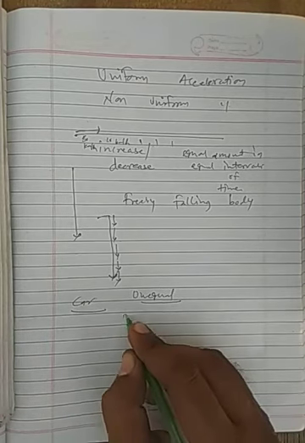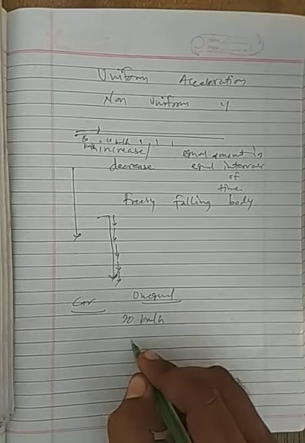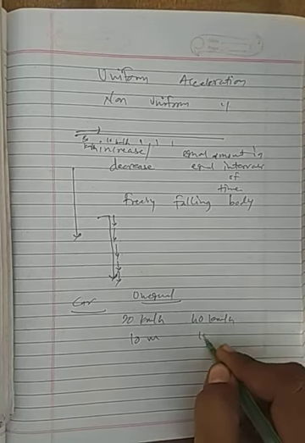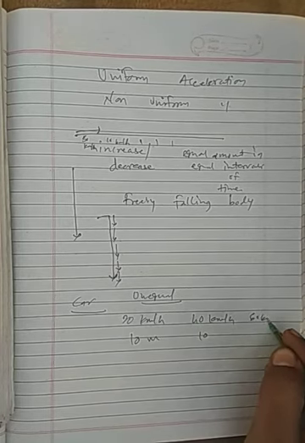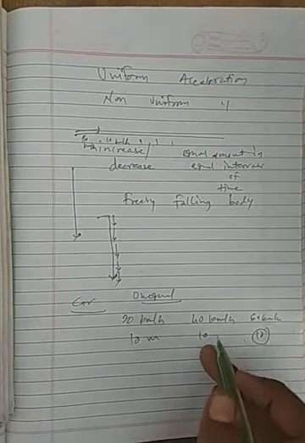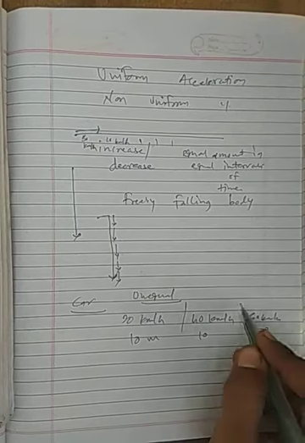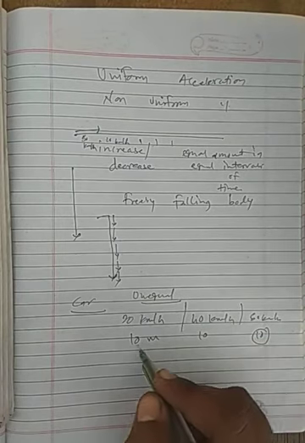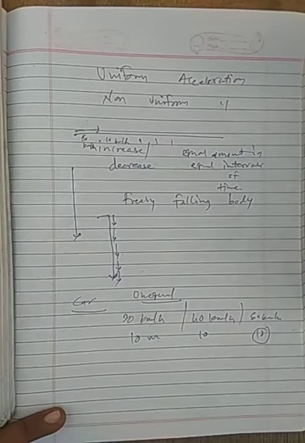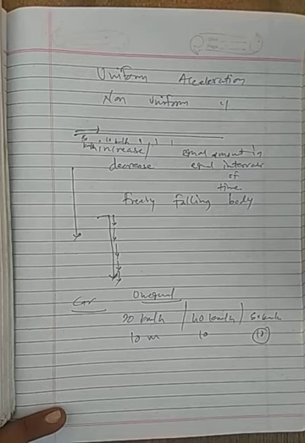It is increasing 20 km per hour in the first 10 minutes, again 40 km per hour in the next 10 minutes and 60 km per hour in the next 10 minutes. So it is increasing at unequal amounts in equal amounts of time. So this acceleration will be called non-uniform acceleration.